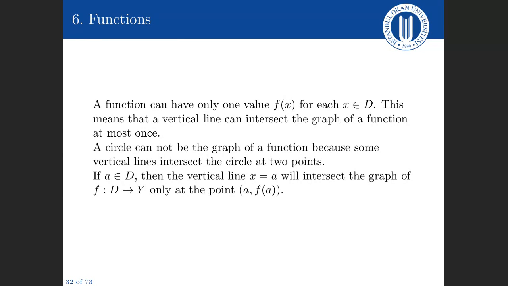So, for example, if a is some number in the domain of our function, the vertical line x equal to a will intersect the graph of f only at the point a, f of a.